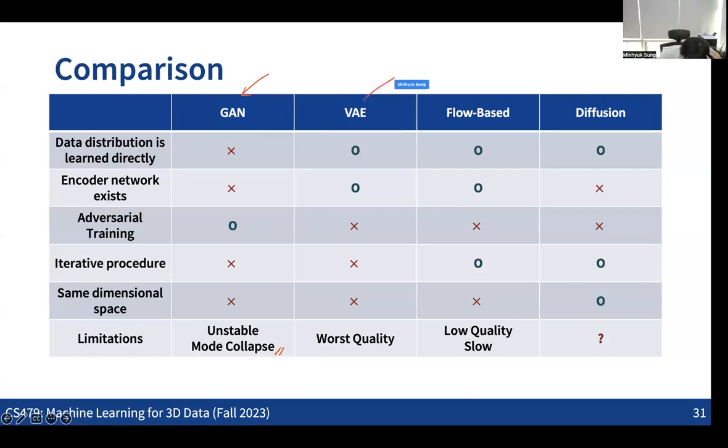While VAE is more stable in terms of training and does not have the mode collapse issues, the quality of the output is typically much worse. And the flow-based model is improving the quality a little bit, but still the quality may not be the best compared to diffusion models, and also it's quite slow. And we're going to also see some limitations of the diffusion models at the end.